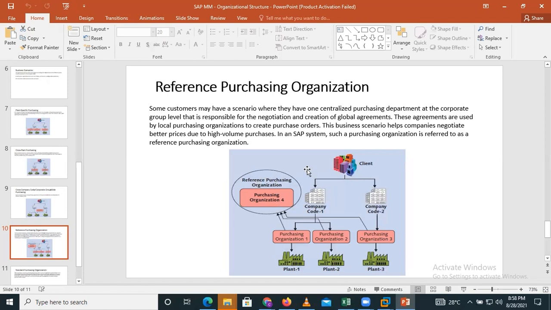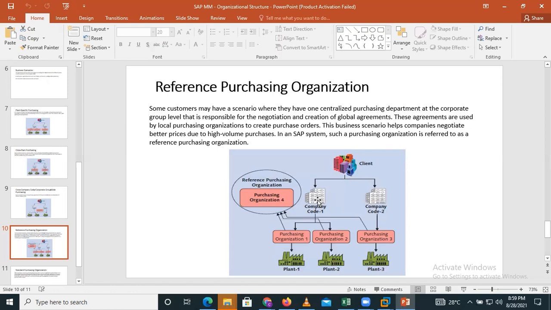Let's take another example: Vodafone India, Vodafone Europe, or Vodafone Japan. They need laptops for their business users, for their end users. Vodafone India requires 1 lakh laptops, Vodafone Japan requires 1 lakh laptops, Vodafone Europe requires 1 lakh laptops.